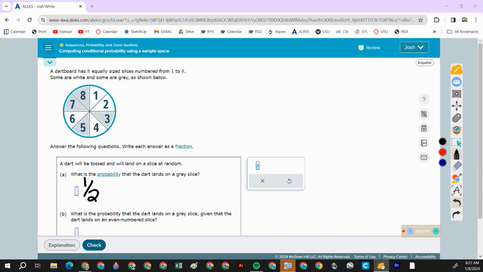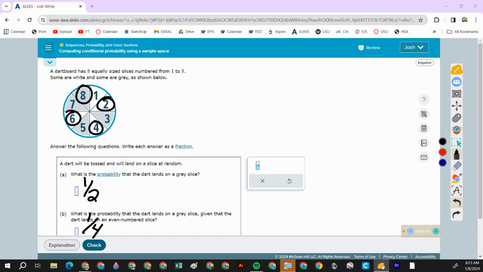What is the probability that the dart lands on gray, given that the dart lands on an even numbered slice? So how many evens are there? 1, 2, 3, 4. So we know that the result is even. What's the probability that it's an 8? 1 out of 4.